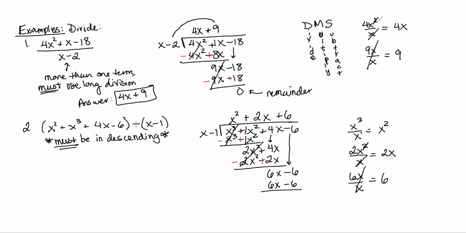Change the signs and subtract. 6x's cancel out. Negative 6 plus 6 is 0. This is our remainder once again, so no remainder. So our final answer here is what we have on top, x squared plus 2x plus 6.